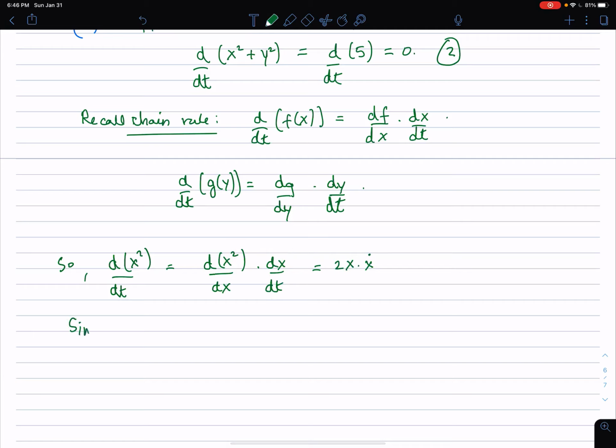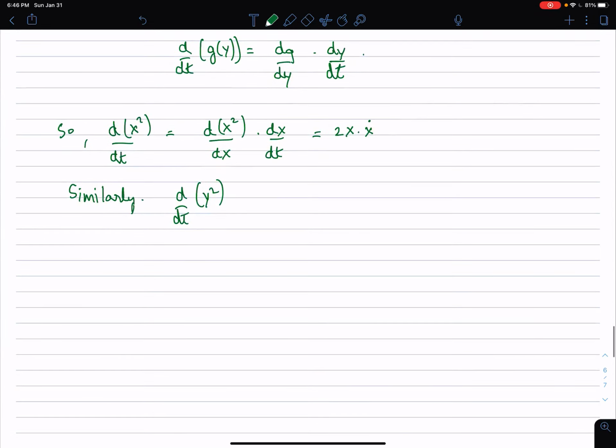Similarly, d by dt of y squared equals d by dy of y squared times dy by dt. That's going to be equal to 2y times y dot.